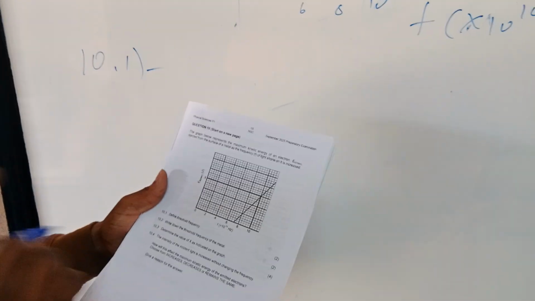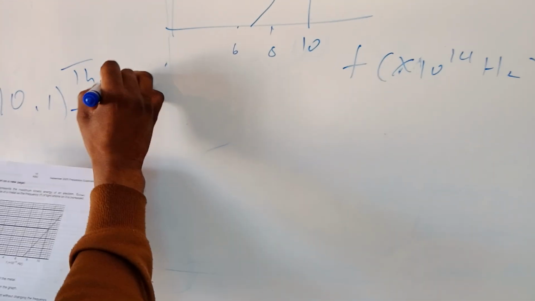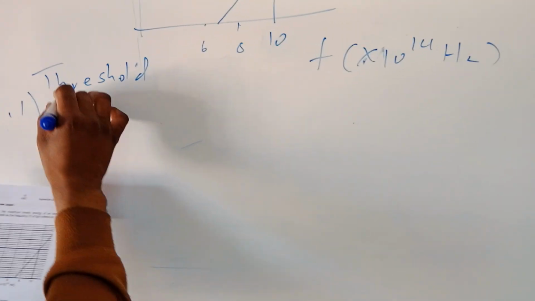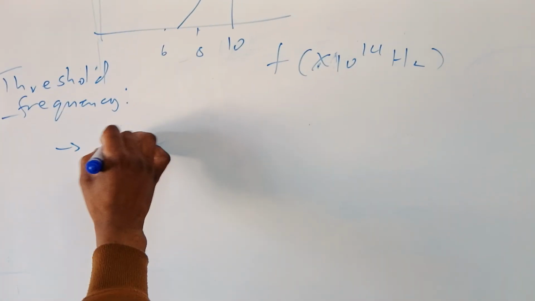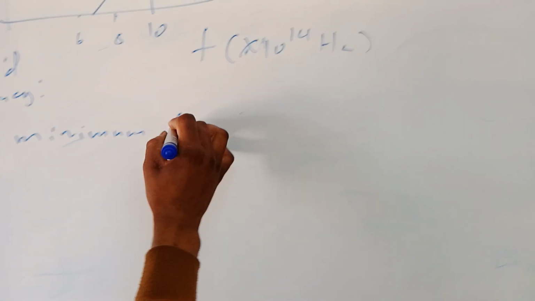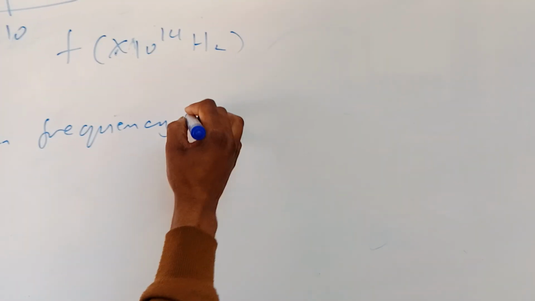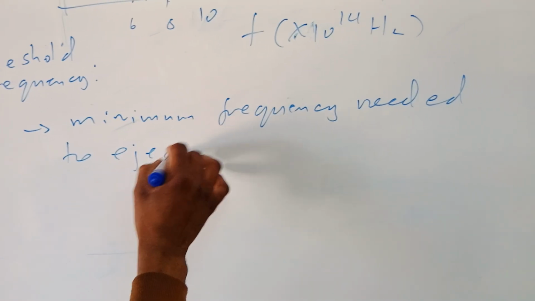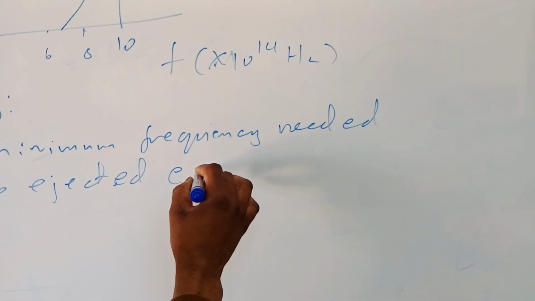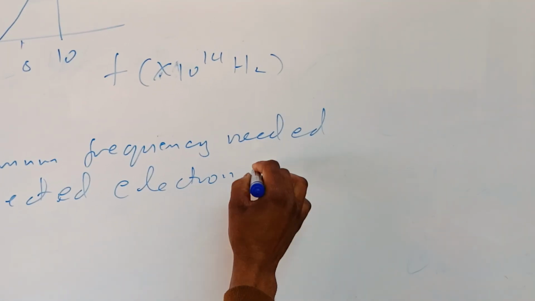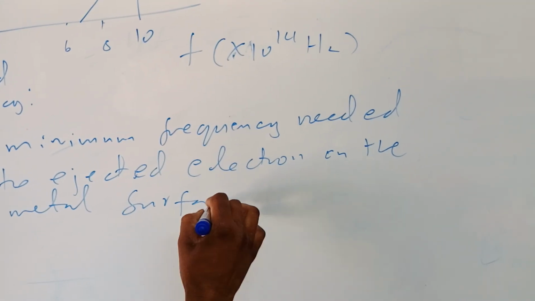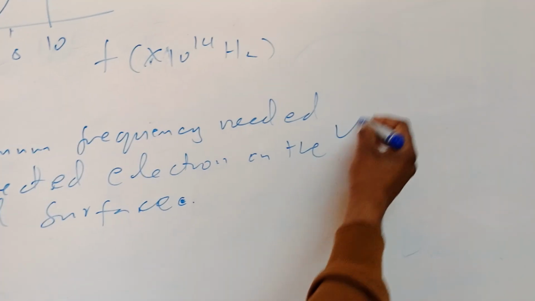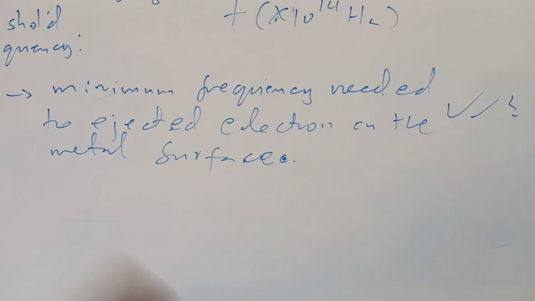Your answer for threshold frequency is simply the minimum frequency needed to eject electrons on the metal surface. Here, guys, 2 marks is guaranteed if you write that.